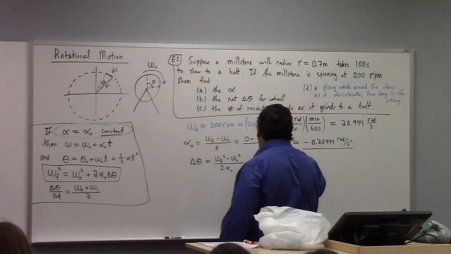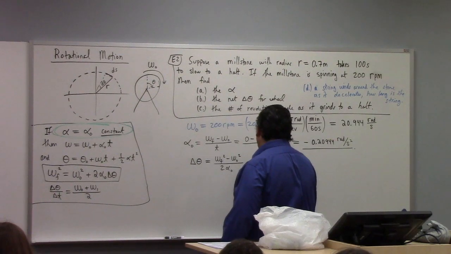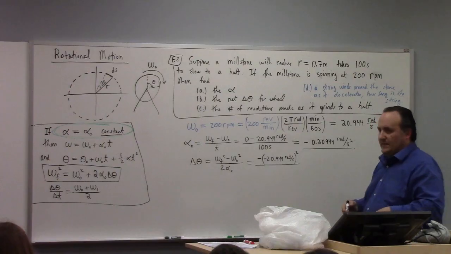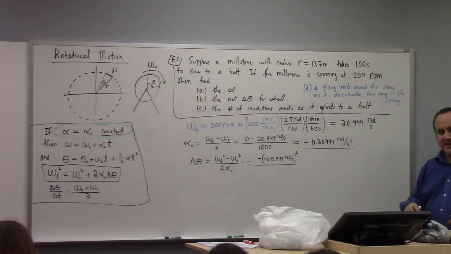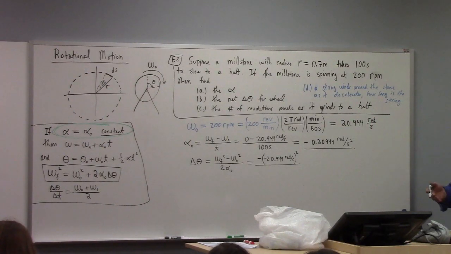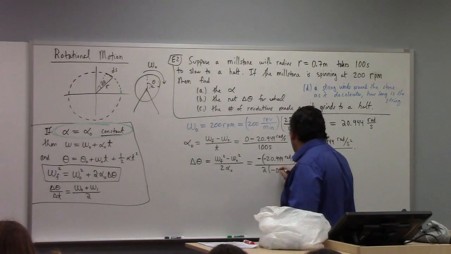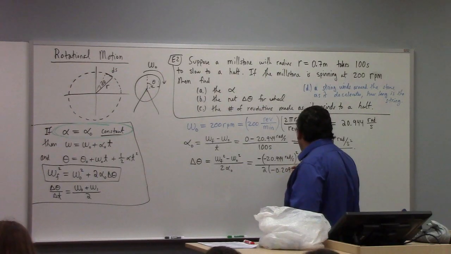Actually, I got to be careful. There's two different minuses going on here, right? There's the minus inside the square, which gets eaten by the squaring. And there's the minus outside the square, which is just minding its own business out there, and it survives. It's not being squared. Of course, omega f is 0, and downstairs we're dividing by twice minus 0.20944.